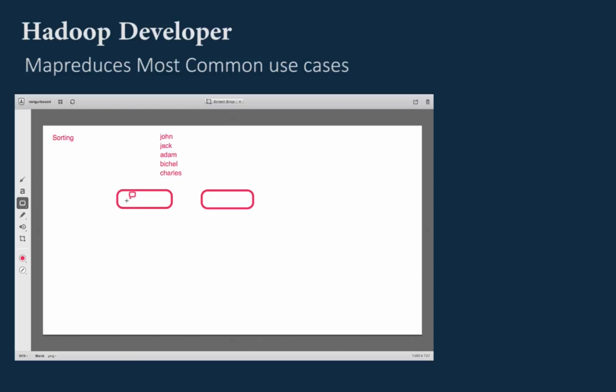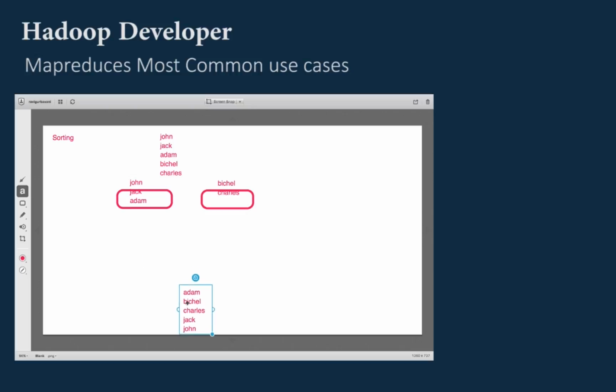These three strings go to mapper 1, and these two strings go to mapper 2. What we finally want is, with some magic, our final output should look like that.